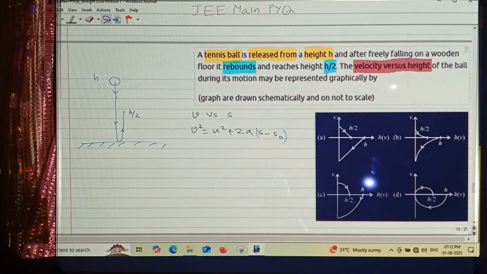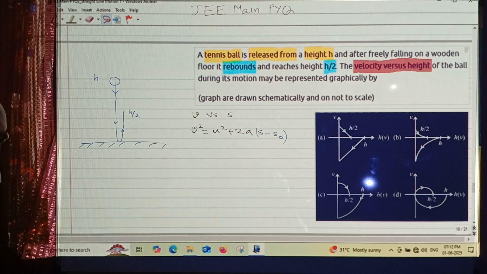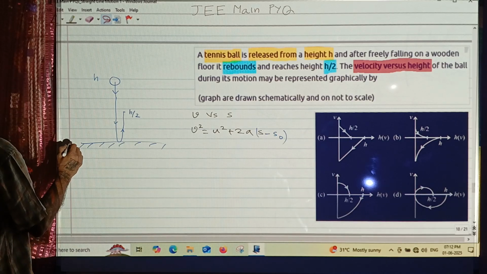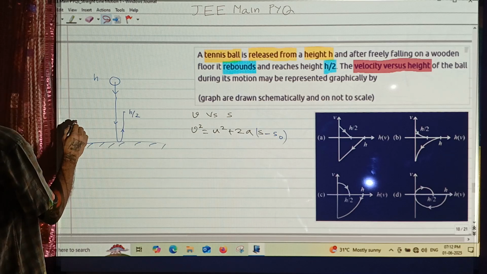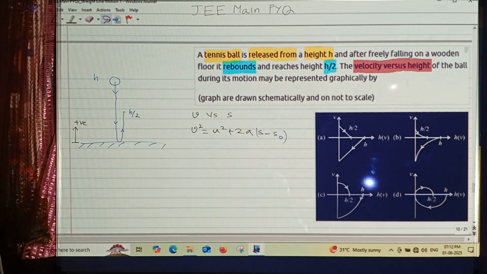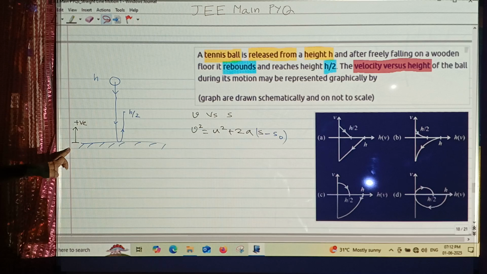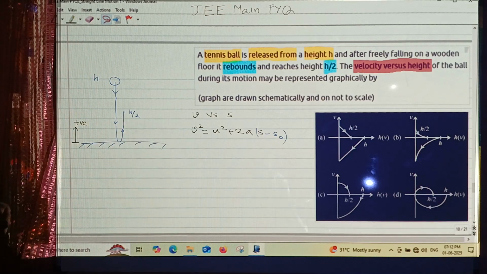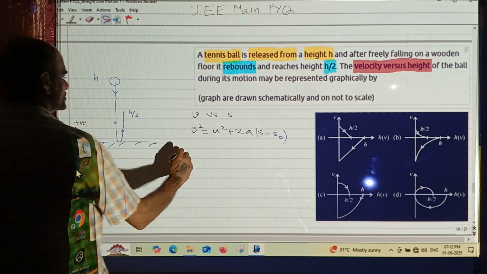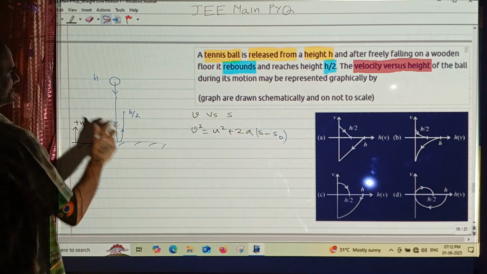For this particular question, I'll choose the origin of the coordinate system at the wooden floor, and this is the positive direction. According to this choice of origin, initially the displacement is h, so this s naught is required. For the downward motion, first it is falling down.